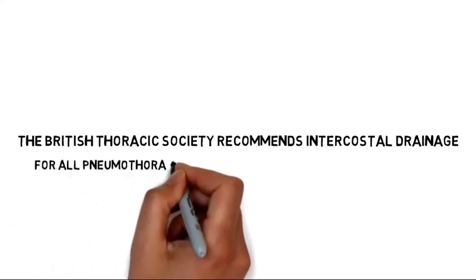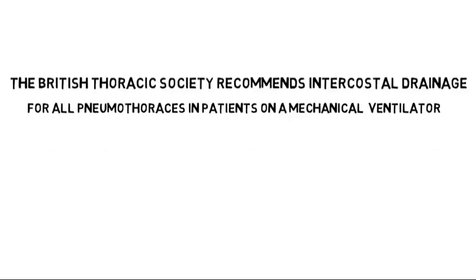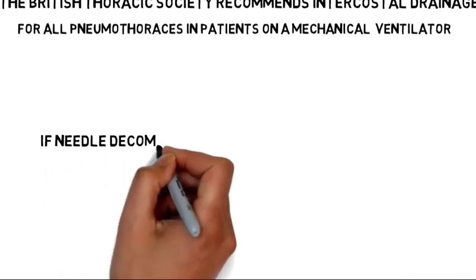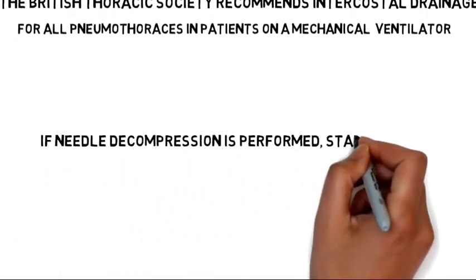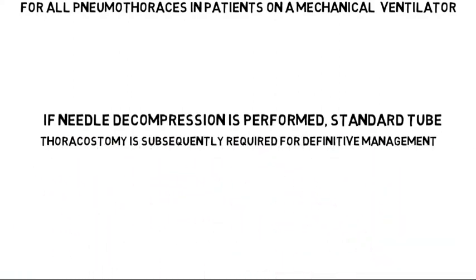The British Thoracic Society recommends intercostal drainage for all pneumothoraxes in patients on a mechanical ventilator. If needle thoracostomy is performed, standard tube thoracostomy is subsequently required for definitive management.